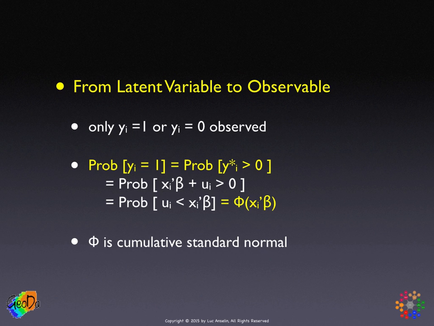We write that in our linear regression specification as the condition that x sub i beta plus u sub i needs to be positive, which is the same as the cumulative distribution of u sub i evaluated at x sub i beta, which in this case is the cumulative standard normal. So the probability of observing an event is the cumulative standard normal value evaluated at x sub i beta.